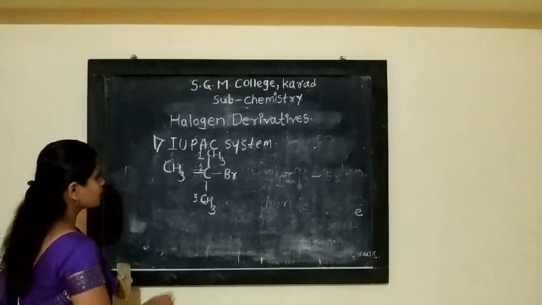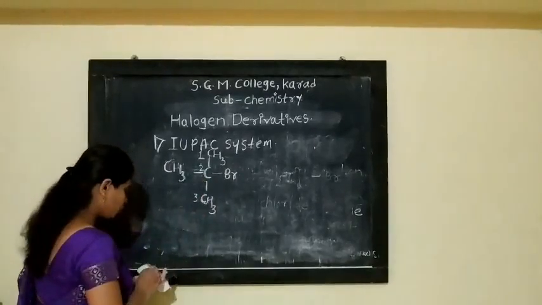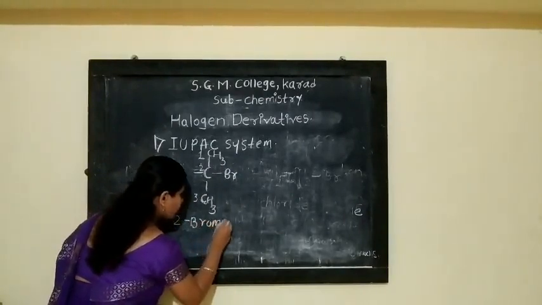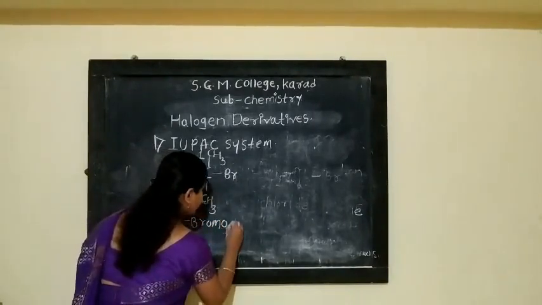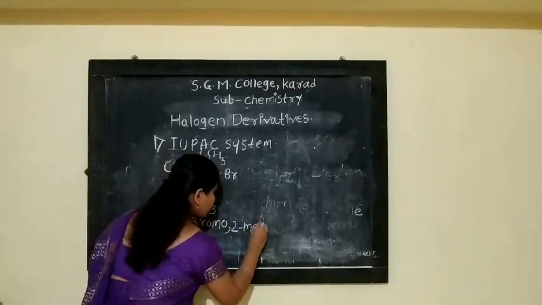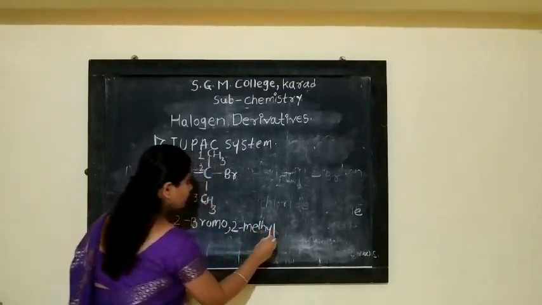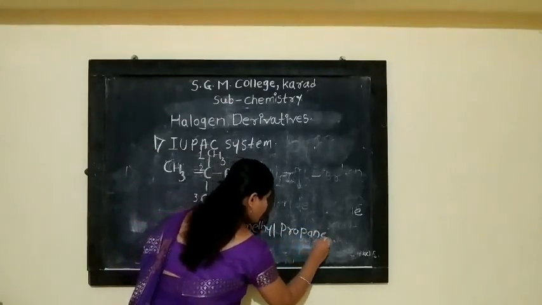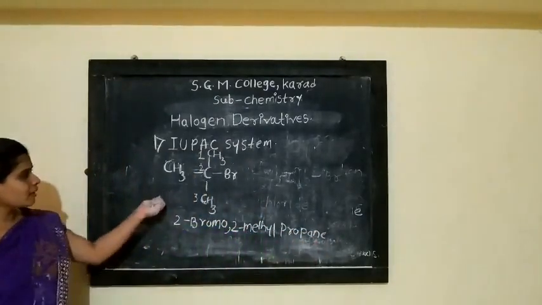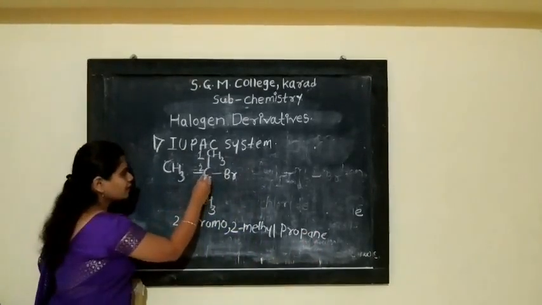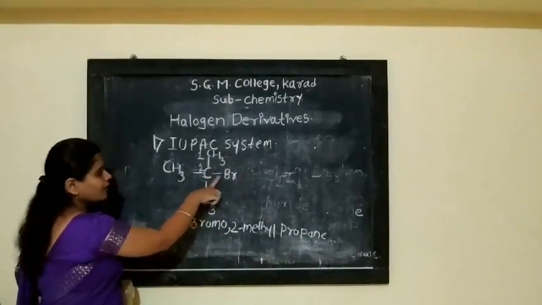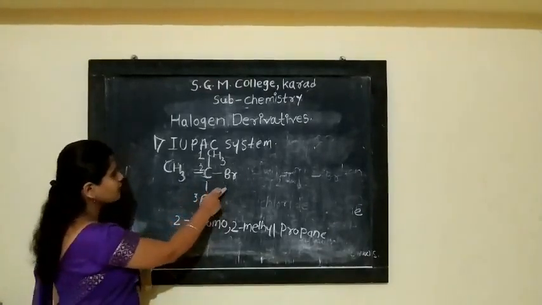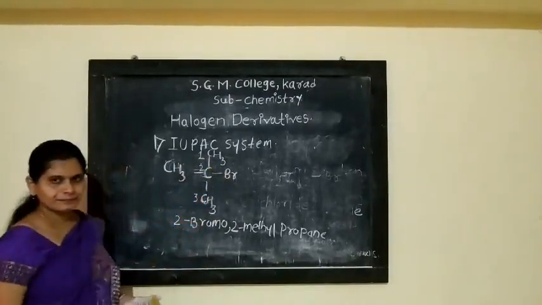So the name of this compound is 2-bromo, 2-methyl propane. What is the common name of this compound? This carbon is a tertiary carbon and bromine is directly attached to this carbon. So the common name of this compound is tertiary butyl bromide.